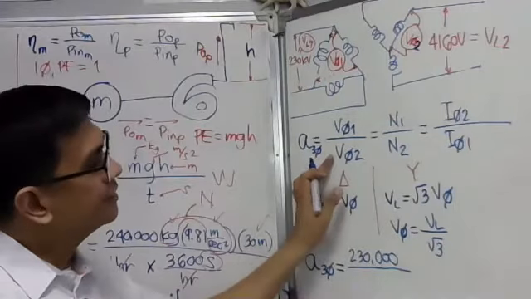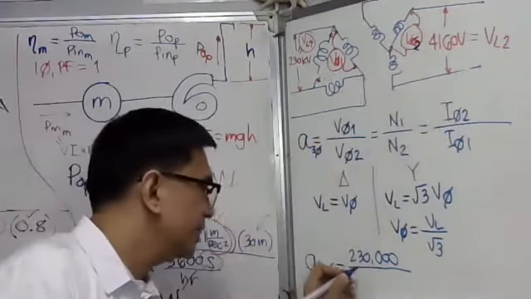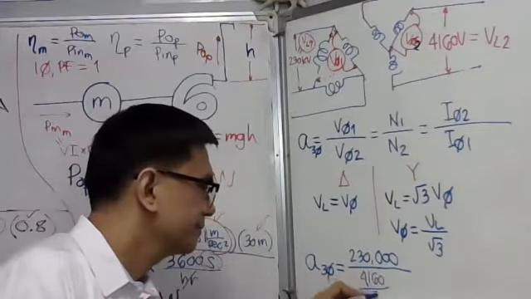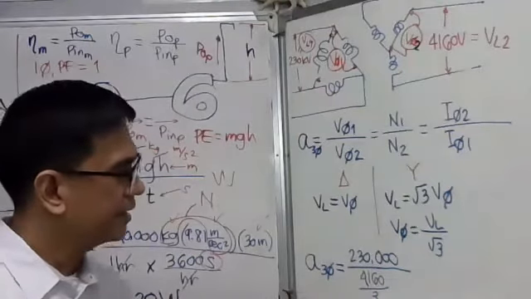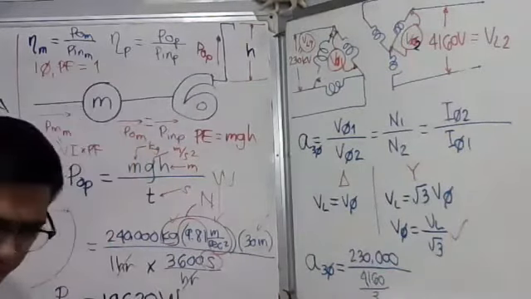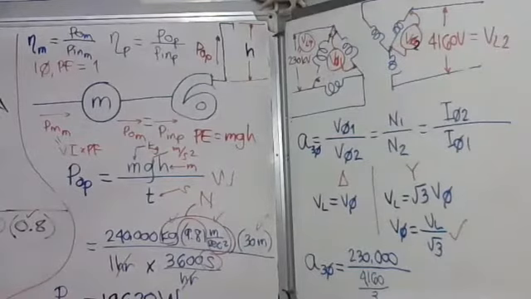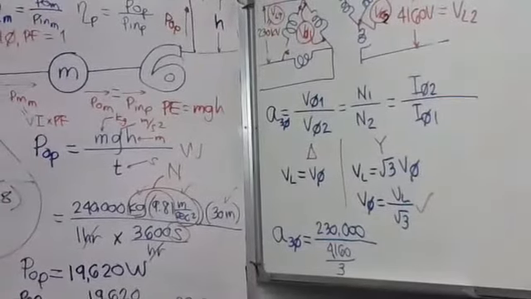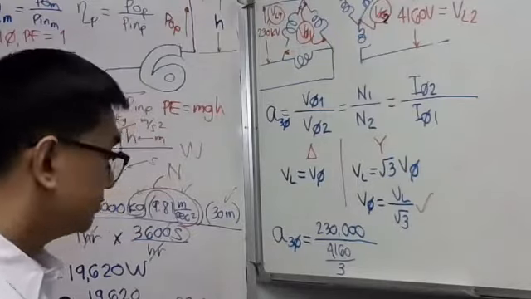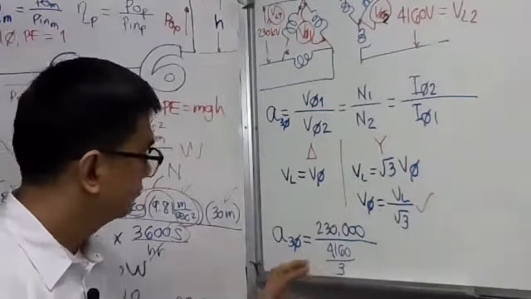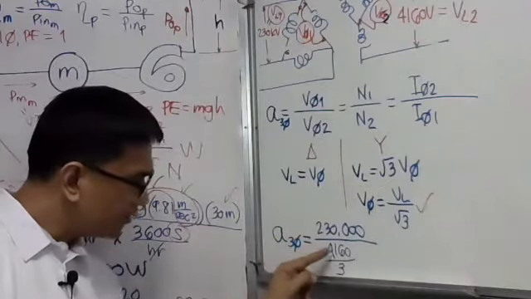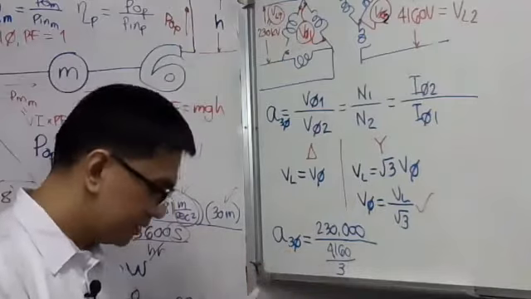For the V phase secondary, we have to divide the 4160 by square root of 3, because of the formula VL over square root of 3. That is why we have here 4160 over square root of 3.